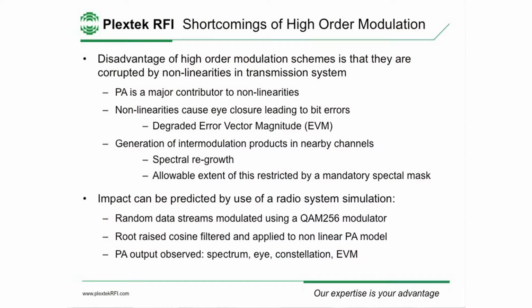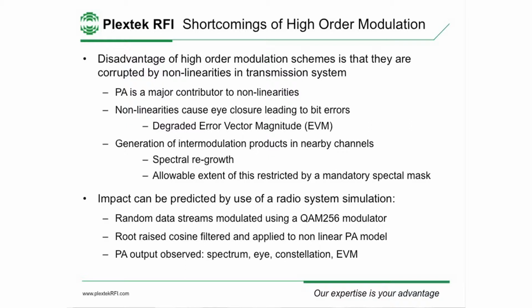So, as I mentioned earlier, the disadvantage to the higher order modulation schemes is that, while they're great because you fit loads of data through a small bandwidth, they're corrupted by the nonlinearities of the transmission system. The PA is one of the major contributors, and these nonlinearities cause closure of the eyes, and that leads to bit errors because we can't tell what bit we're transmitting, what symbol we're transmitting.